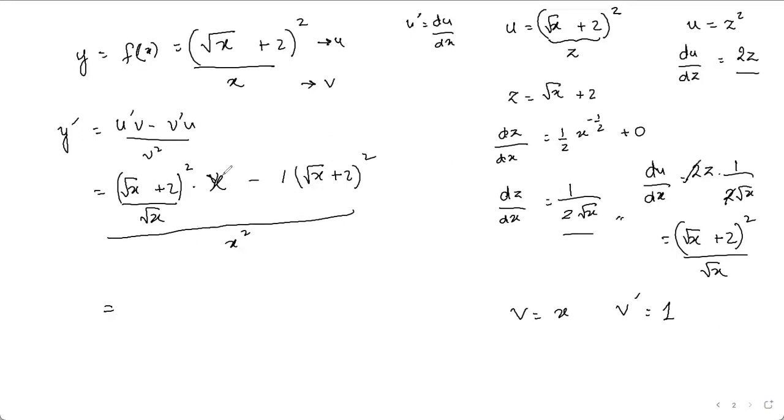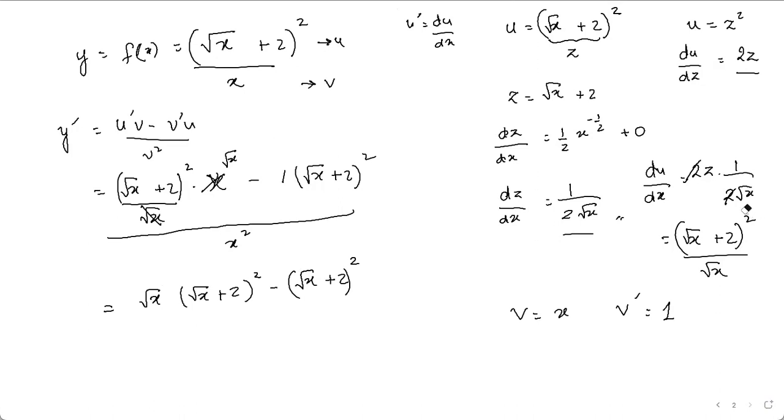So let's simplify. Root x will cancel out and we get over here root x. So my numerator is root x multiplied with root x plus 2, minus root x plus 2 squared. It's a slight error.